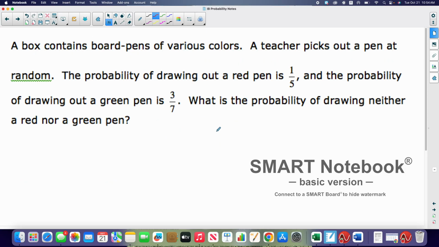So let's do one of these questions. Next problem on your page. I'll give you a chance to read it, and I want you to see if you can draw me the Venn diagram.